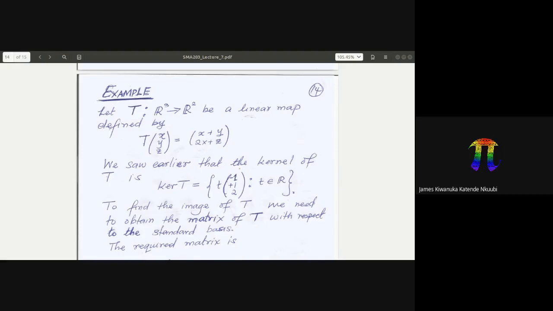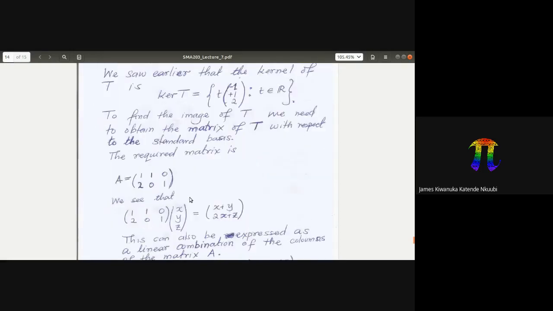So I hope everyone else has confirmed also. Not yet. Okay, just a few more minutes, then we can continue. So just check that you have the same matrix as the one we have here.